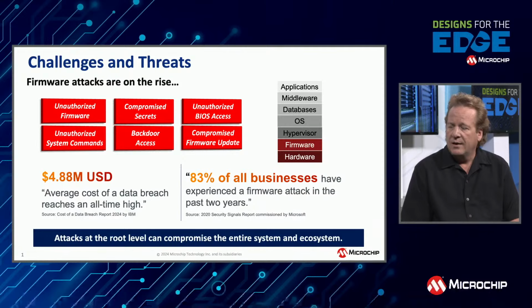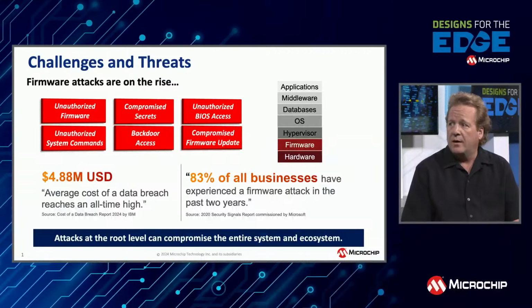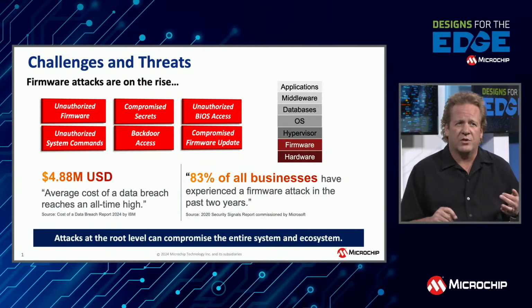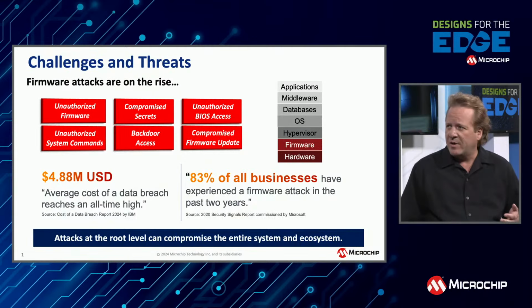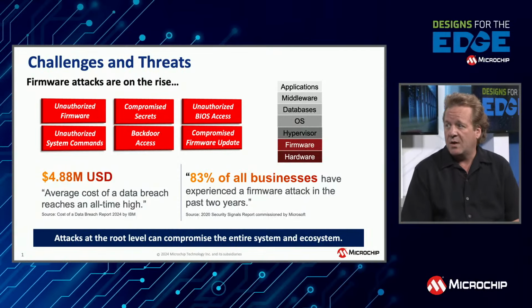We used to see a number of attacks more focused on the application layer in the OS. We've seen those move down to hardware, firmware, really getting down to the root. If you have an attack there, you're talking about unauthorized firmware, which could leak personal information. Maybe it's corporate IP. You're really turning into liability situations when you compromise the firmware.